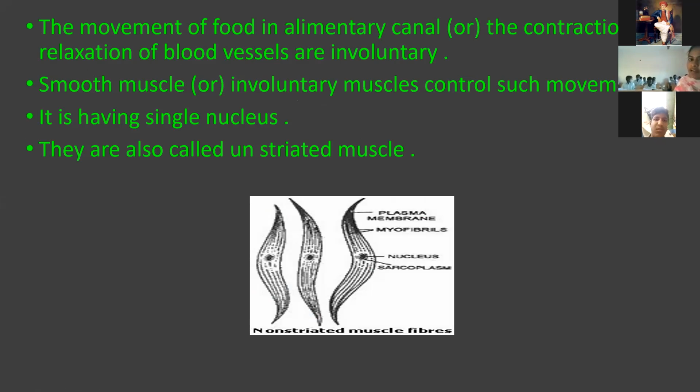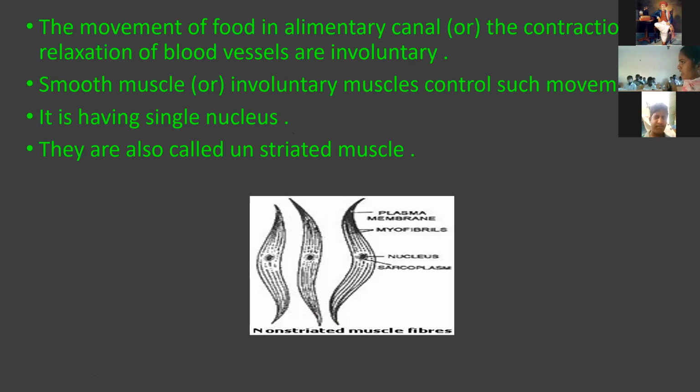Next one is the movement of food in the alimentary canal. The contraction and relaxation of the blood vessels are involuntary. When we eat food, it passes through the stomach. We cannot stop it. Yes or no?